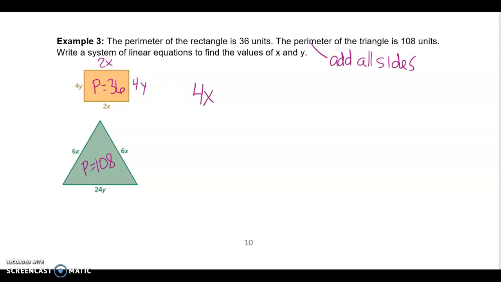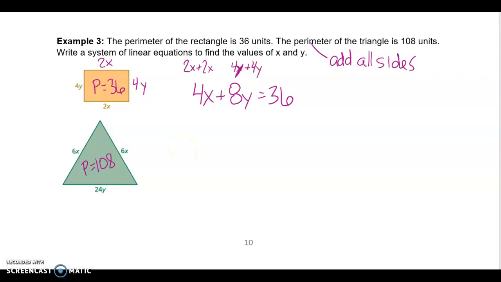I'm going to go ahead and write those together. I did 2x plus 2x. That's how I got that. I've got a 4y on the left, a 4y on the right. Together, that makes 8y. Those all add up to 36. So there's one equation for the rectangle.